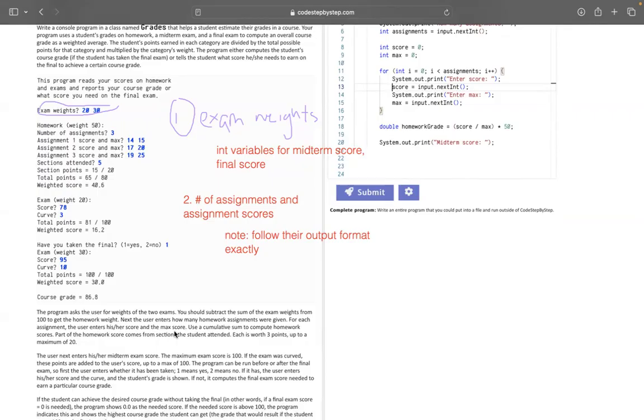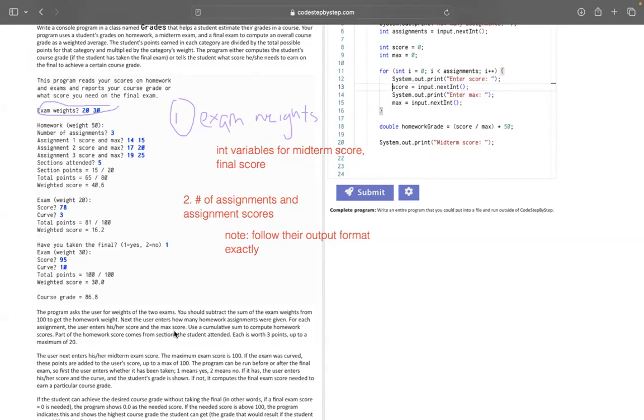And then you take in two numbers, right? So they don't ask for enter score and then enter max individually. They just print out one sentence saying assignment number, score and max question mark, and then they take in two numbers at once. Do you get what I'm saying? You have to fix your print statements in your for loop. Just make sure you follow their output format exactly.